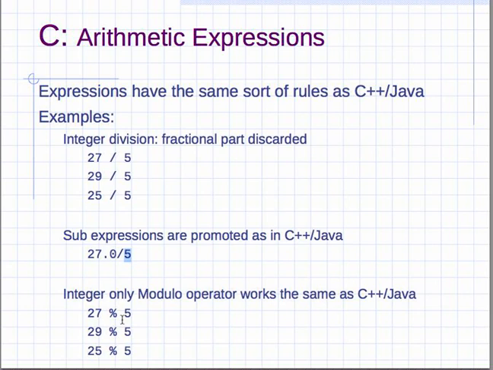Once you understand that, then 6 mod 5 is 1, and so on, so you know that 27 mod 5 is 2, 29 mod 5 is 4, and 25 mod 5 is 0. Okay, so make sure you also understand how modulo works.